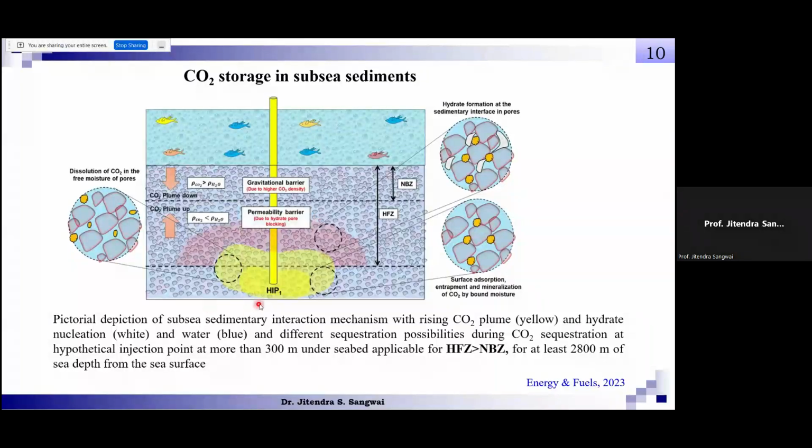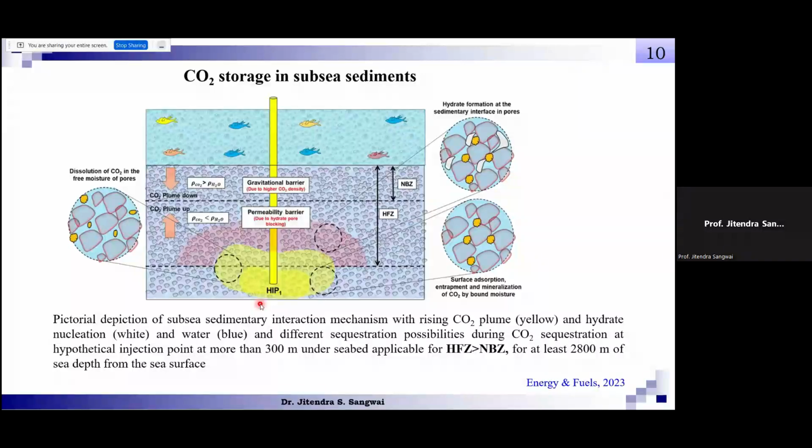Because of this, the ocean provides a very potential location to sequester carbon dioxide. As I told you, methane hydrates have been there for millions of years without affecting mother nature. So you may worry about what will happen to marine life, etc. I'm not going to sequester that into the ocean. As I said, I'm going to do that below the bed.